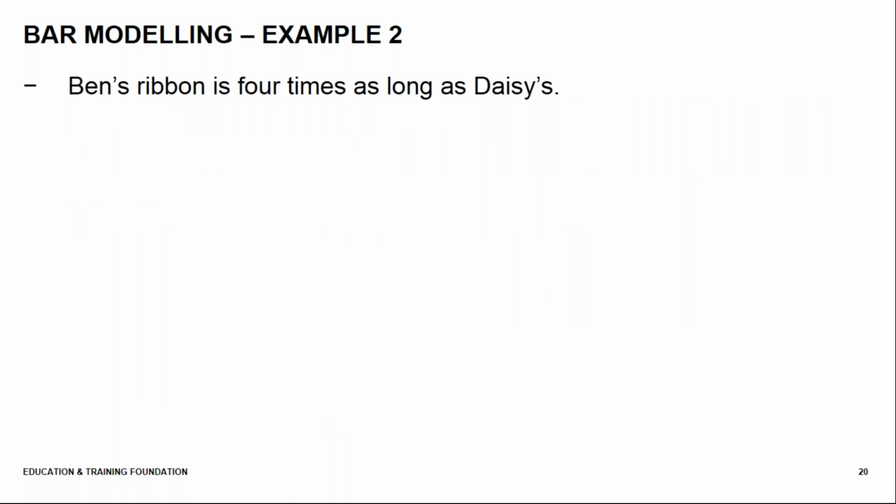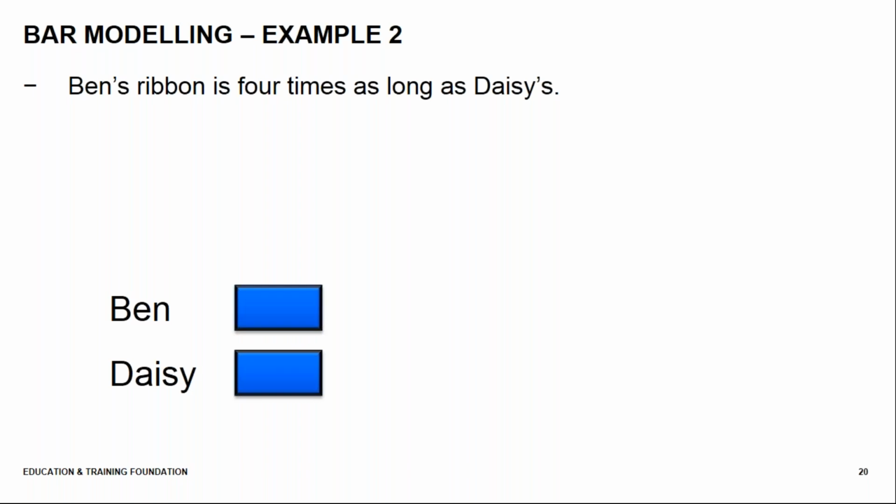The second example is a bit more challenging. So we'll start off by giving some information. Ben's ribbon is 4 times as long as Daisy's. And we set the model up by putting the 2 characters, if you like, in the question there and put our bars in.